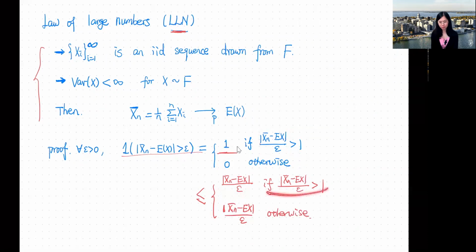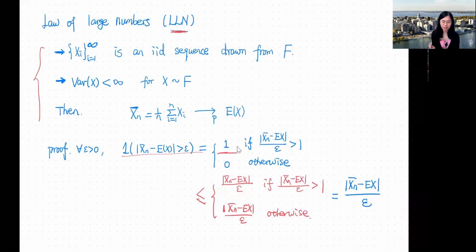So in both cases, we have the same upper bound. That means for this upper bound, you actually don't have to write the two cases because they are the same in both cases. So that equals this ratio of Xn bar minus EX over epsilon.